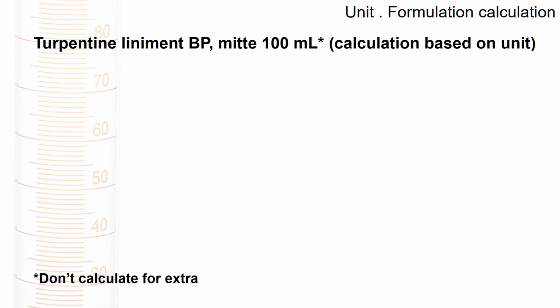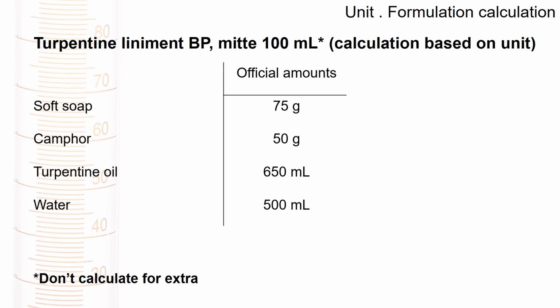Let's move on to the actual situations in pharmaceutical calculations. You're given this turpentine liniment, BP, and you're going to make 100 ml out of this given formula. So in this formula, when you total up, it will give you 1275 units.